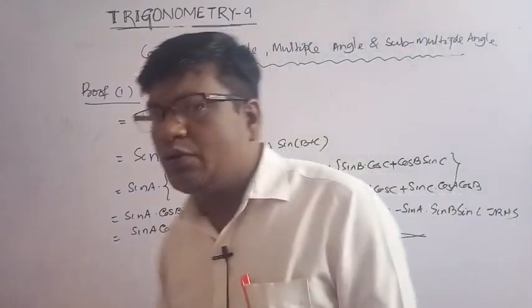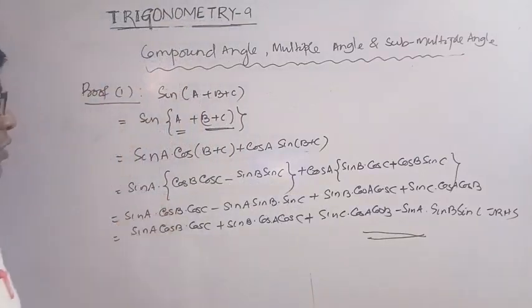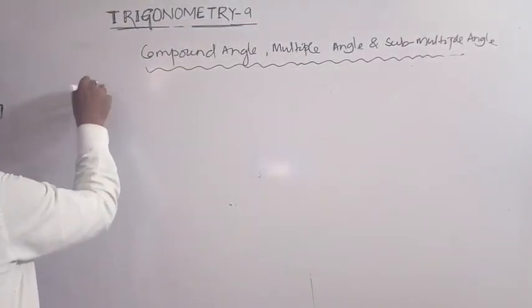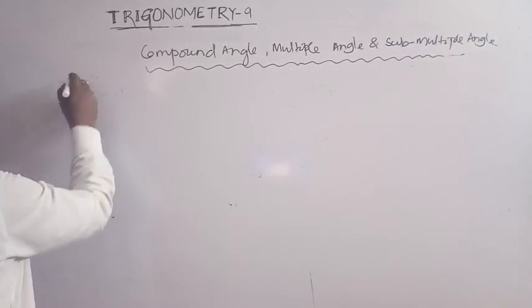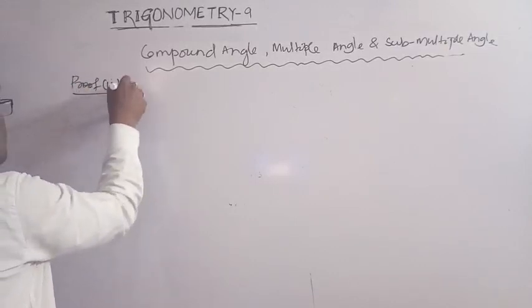Now another question, that is cos of a plus b plus c. Similarly prove cos of a plus b plus c. Now second proof, proof 2, that is what?